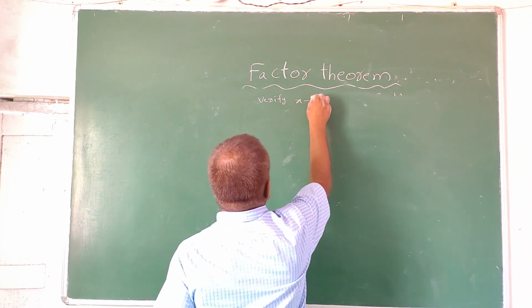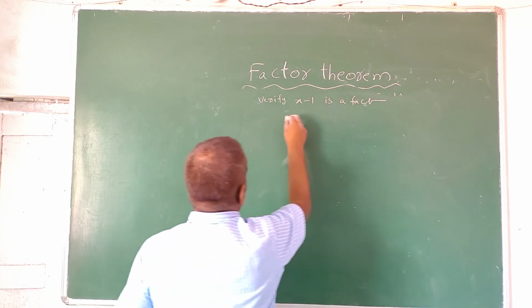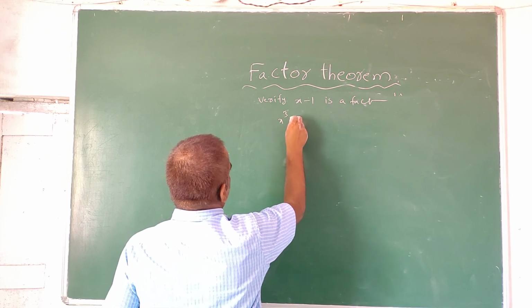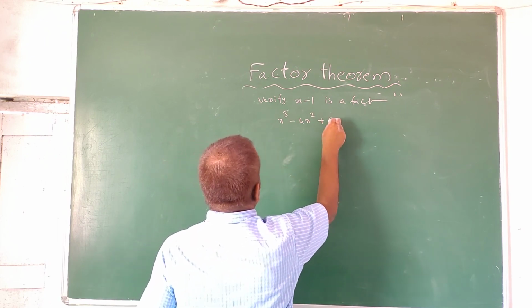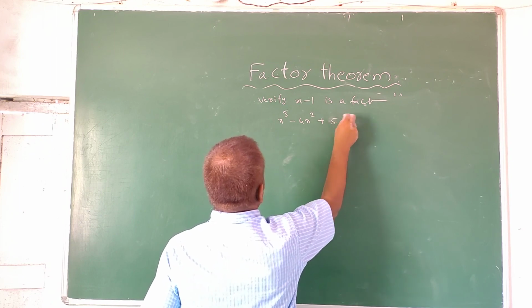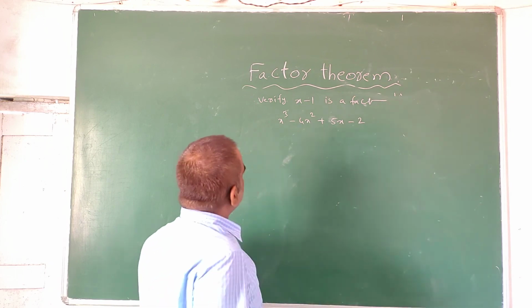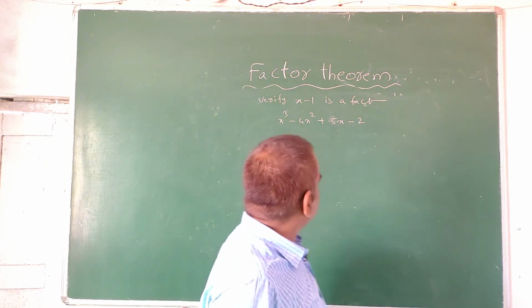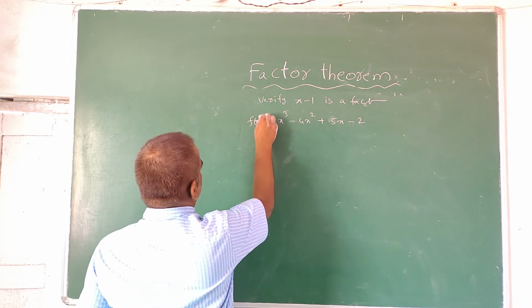Verify whether x minus 1 is a factor of x cube minus 4x square plus 5x minus 2. Verify whether x minus 1 is a factor of this polynomial f of x.